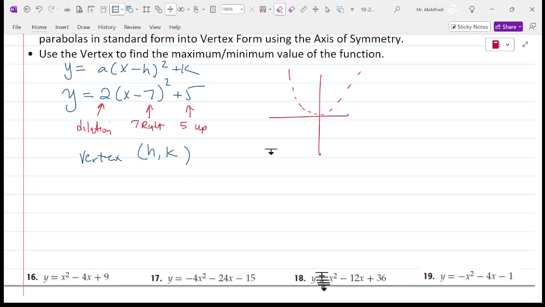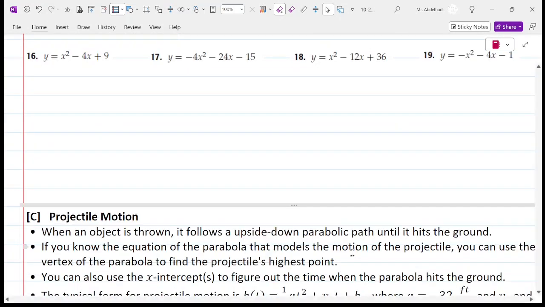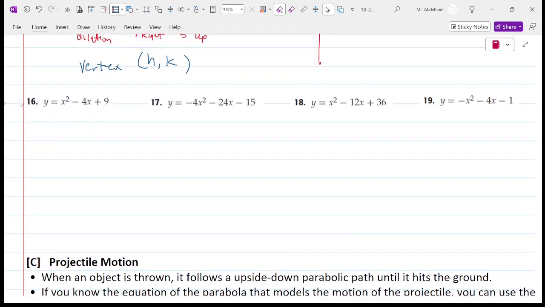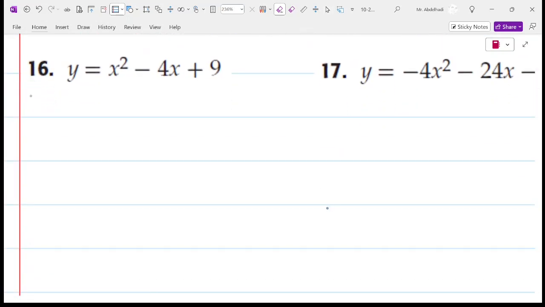Now, if I ask you to graph something that's in standard form, you don't have the ability to know what the vertex is, right? Like, let's take a look at this equation right here, number 16. If you look at that, what can you tell from that? Because that's a parabola as well. But that's in standard form. What's standard form? Standard form is y equals ax squared plus bx plus c, right?